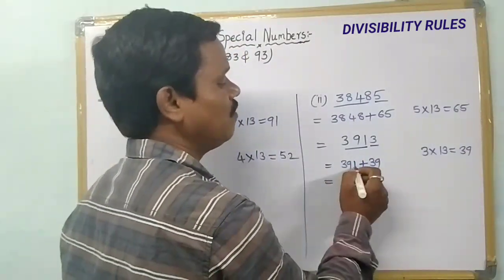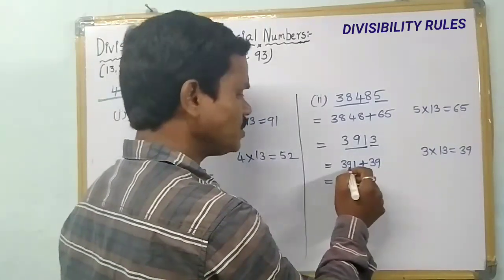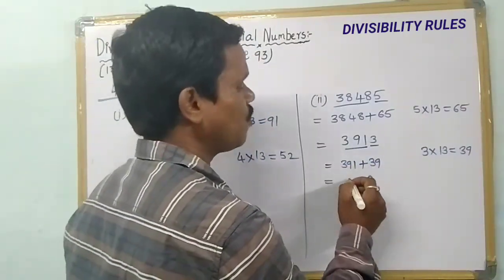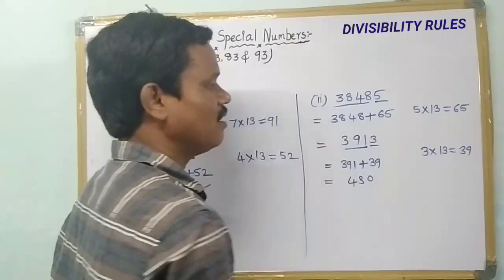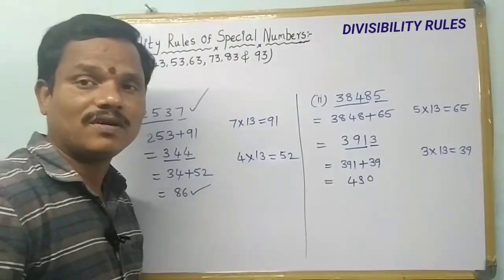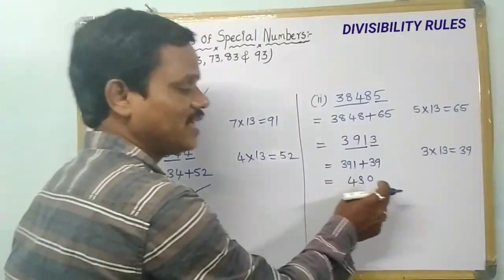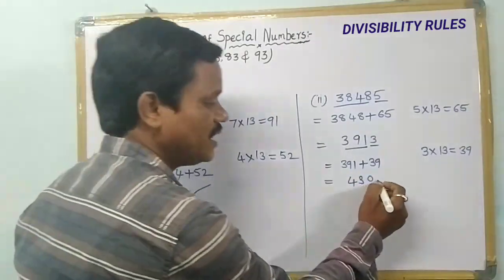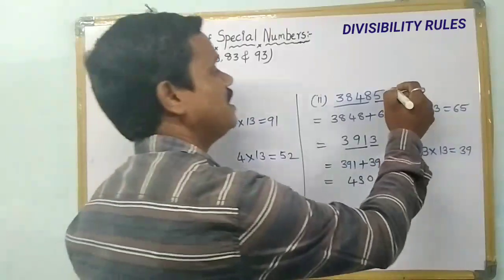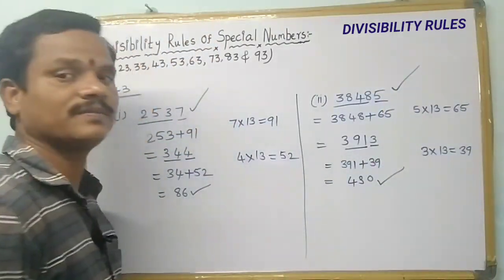What is this value? 391 plus 39 is 430. 430 is a multiple of 43. 43 tens are 430. So 430 is divisible by 43. So 38485 is divisible by 43.